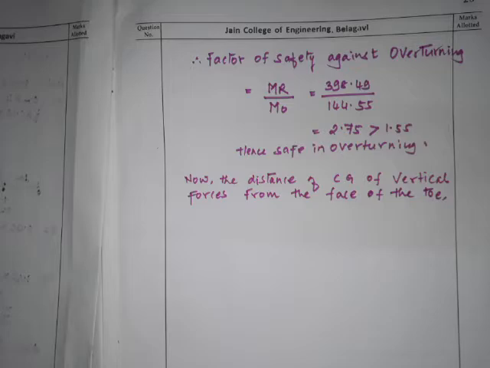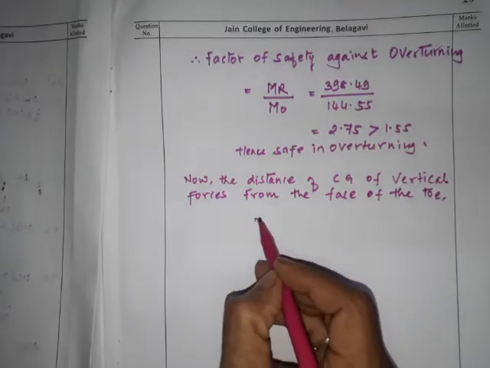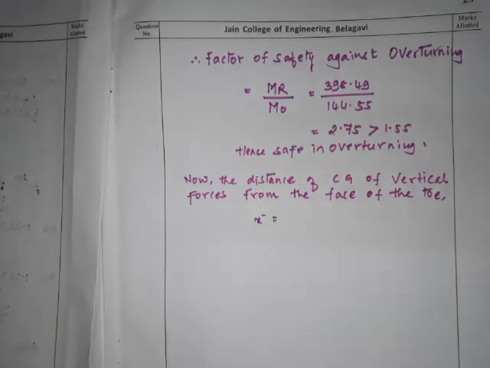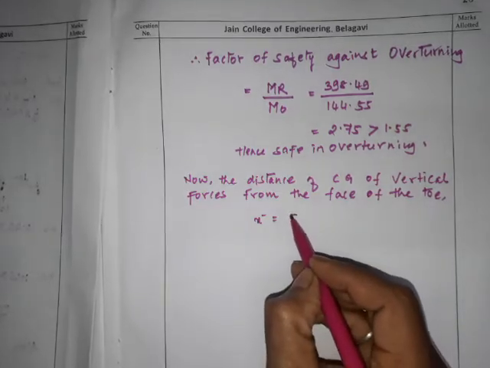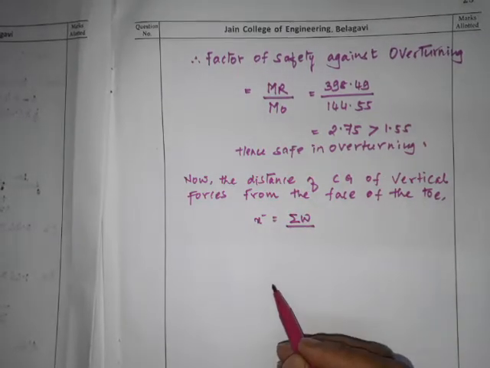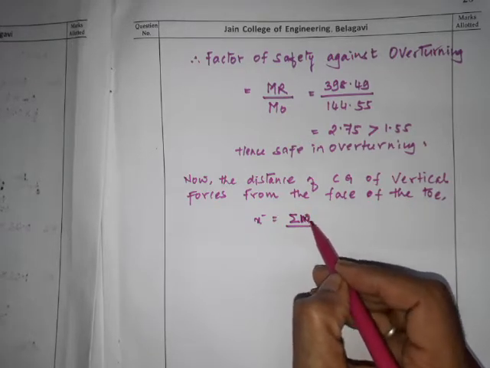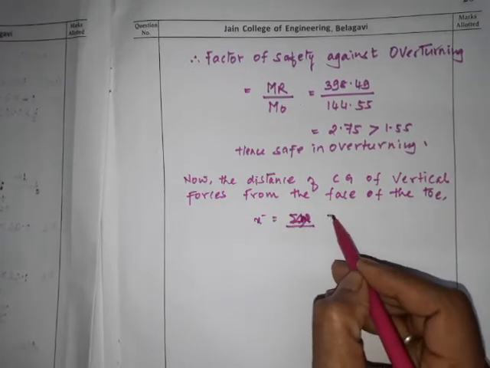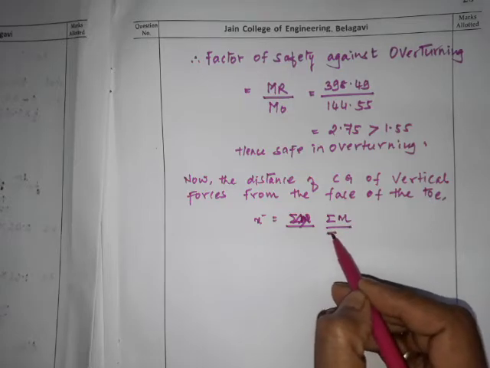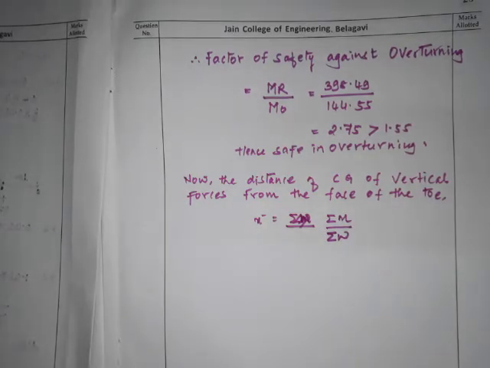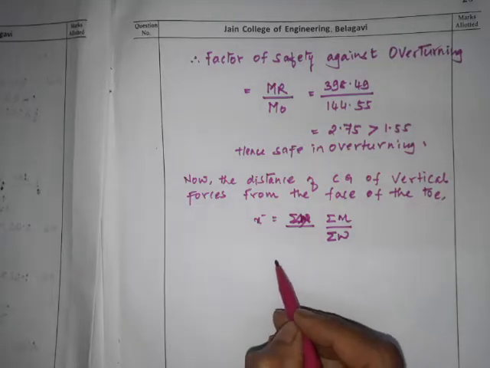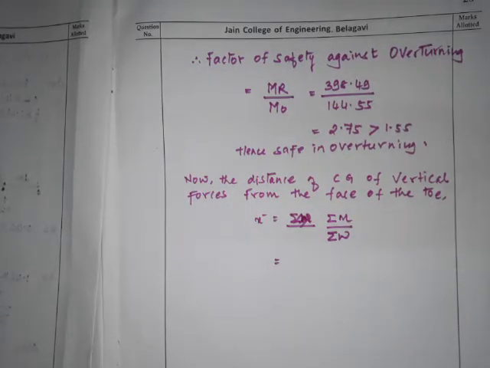So x bar is summation of M divided by summation of W. The summation of M is with respect to the moment of resistance and the overturning moment.